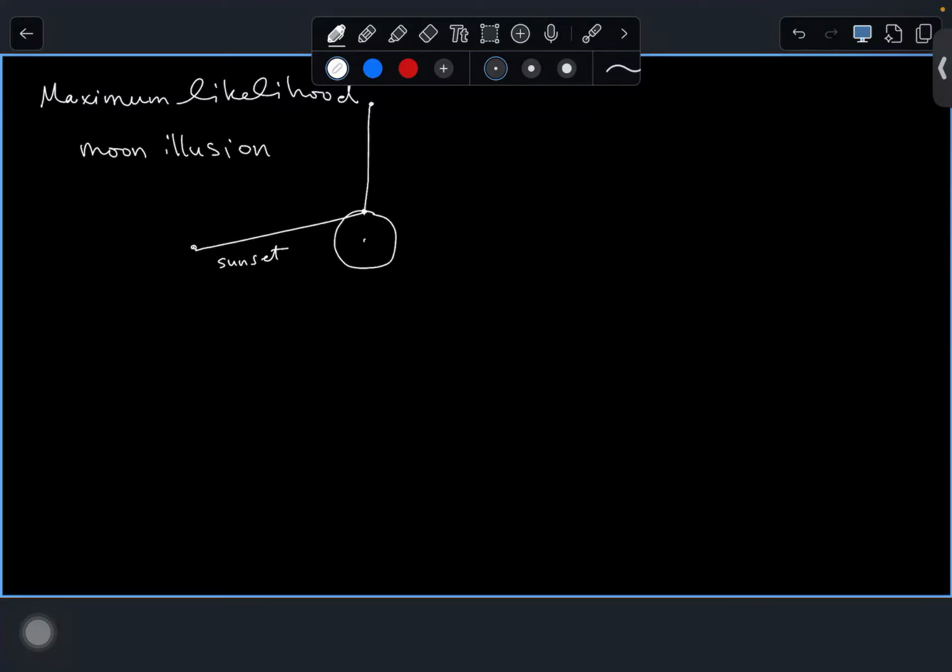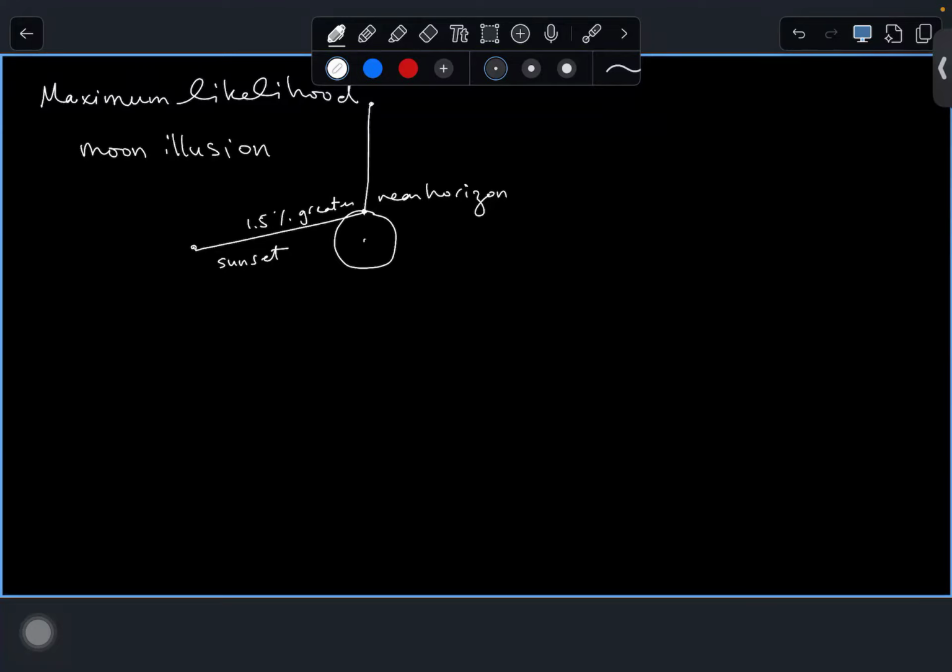And so it's interesting that we perceive the moon to be larger when in fact its distance is about 1.5% greater when it's near the horizon. So why does the moon look bigger when it is near the horizon? Basically, we don't really know the answer to this.